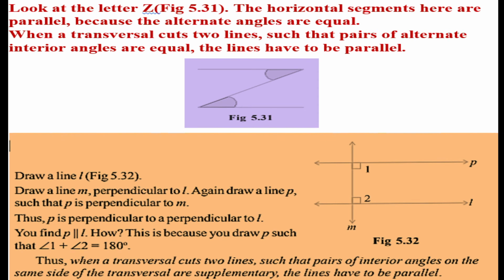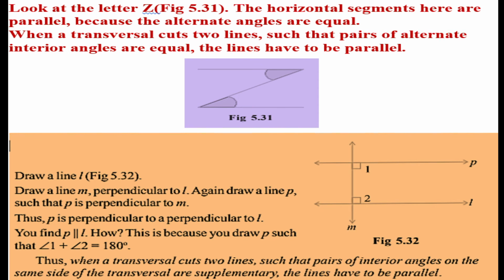This is because you draw P such that angle 1 plus angle 2 equals 180 degrees. So when a transversal cuts two lines such that a pair of interior angles on the same side of the transversal are supplementary, then the lines have to be parallel.